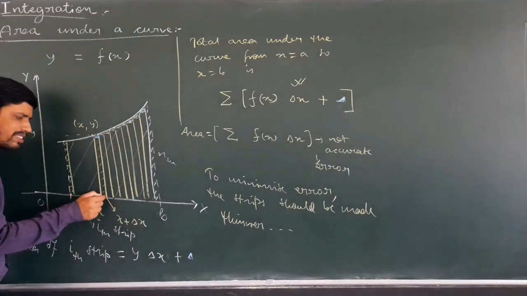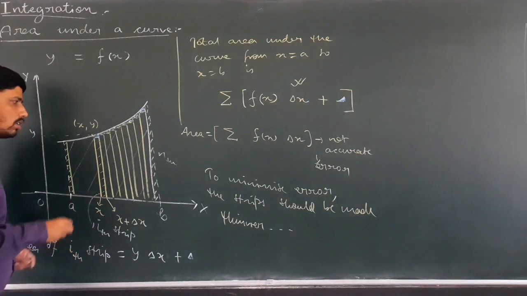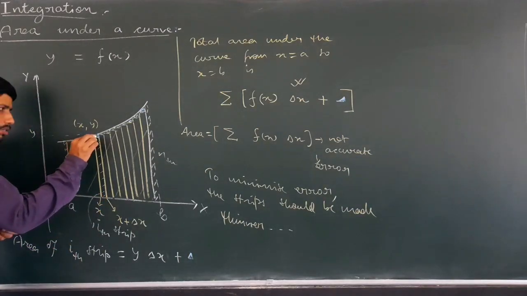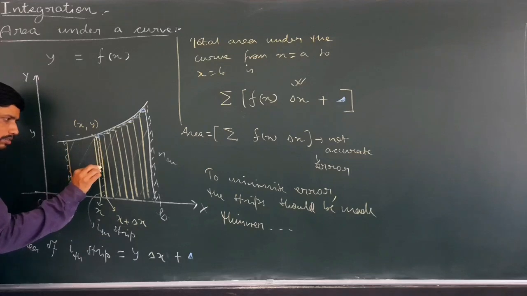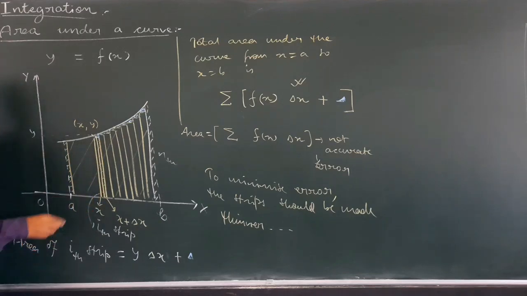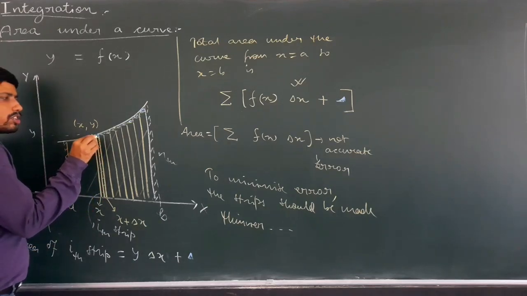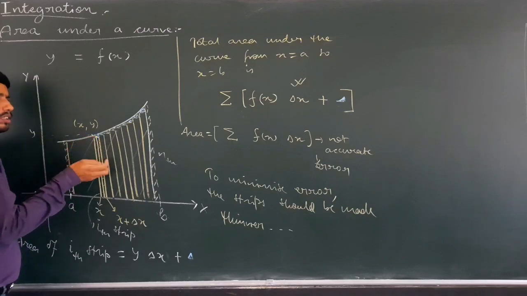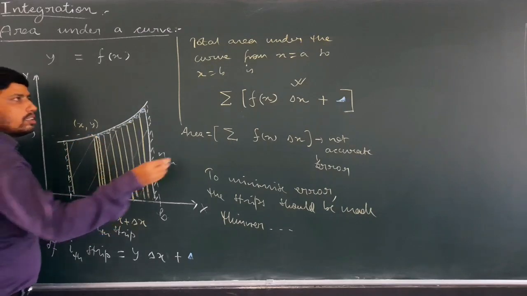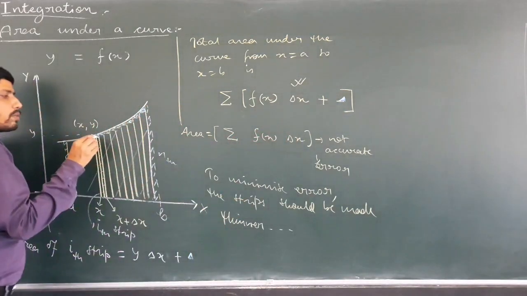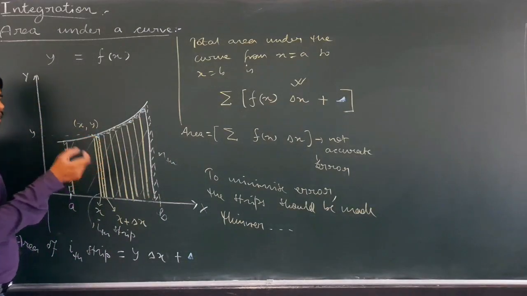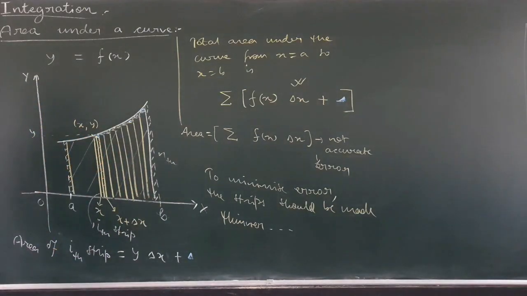If we make these strips thin, so like so, then for this strip and for this strip you add the areas of the rectangular portion. So the triangular parts above the rectangular portion, they will get minimized.